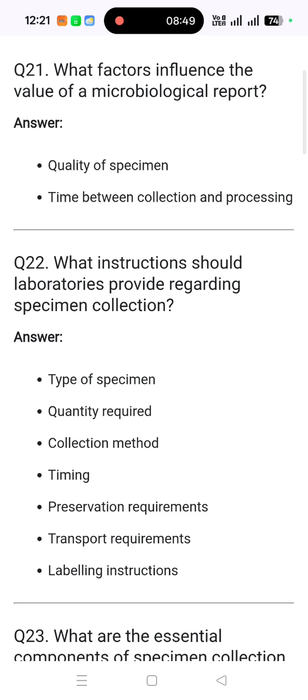If your quality is not good, if there is no pathogen in that and a contaminated sample is there, then you won't get the right results. And the other thing is, if a lot of time has been wasted between collection and processing, then there are chances of degradation of the sample and contamination.